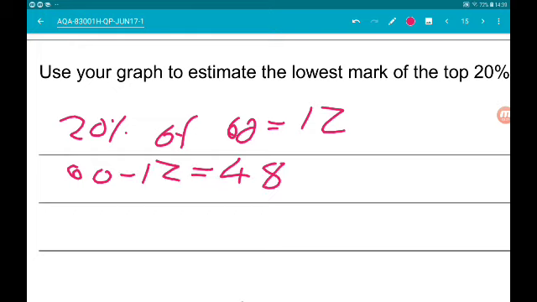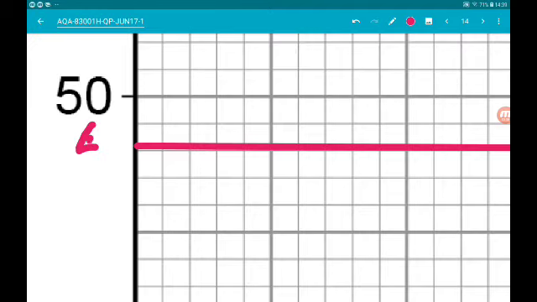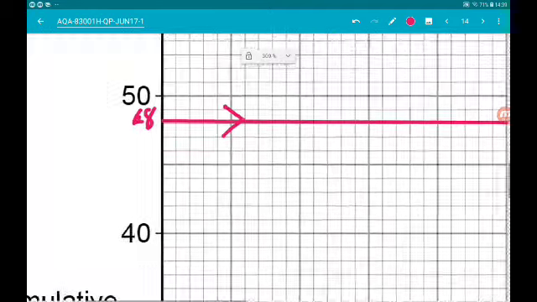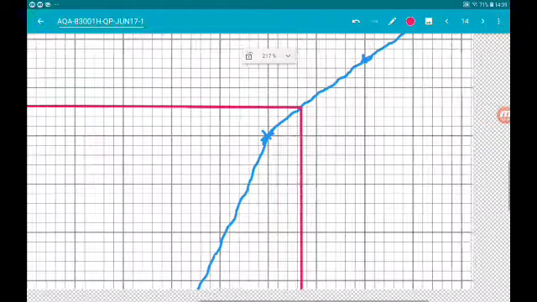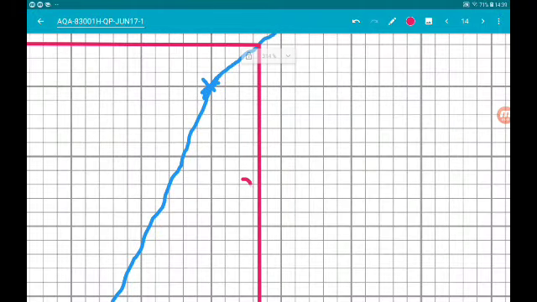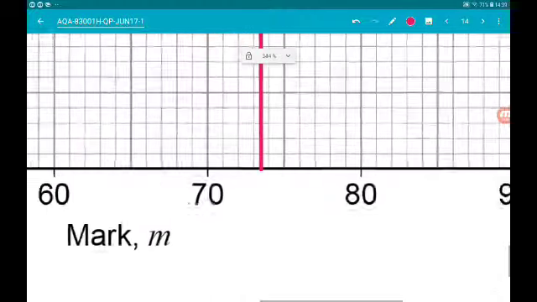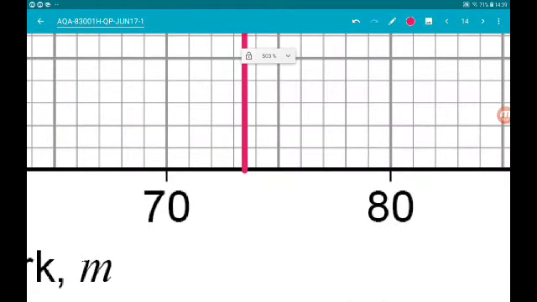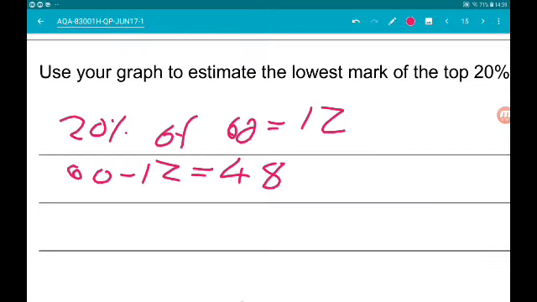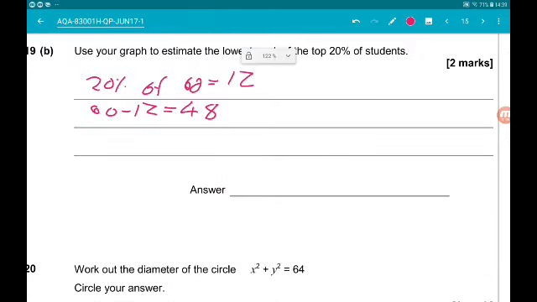So, we go to our graph, and we go to 48 on the y-axis. Now we go across until we hit our graph, and then we go down until we hit the x-axis, and that gives us our estimate. So I make it 74. So that's our answer.